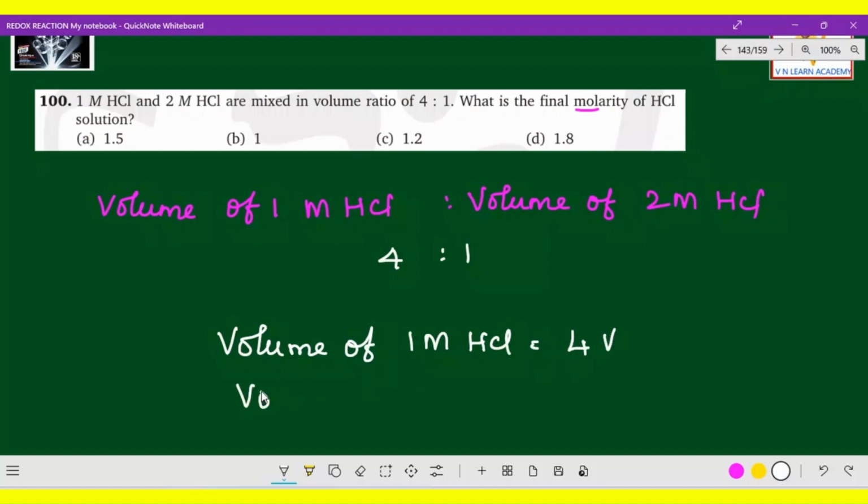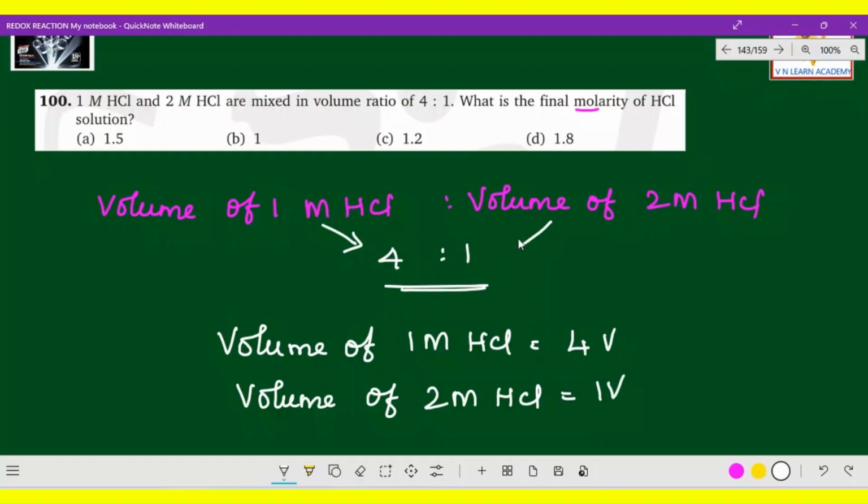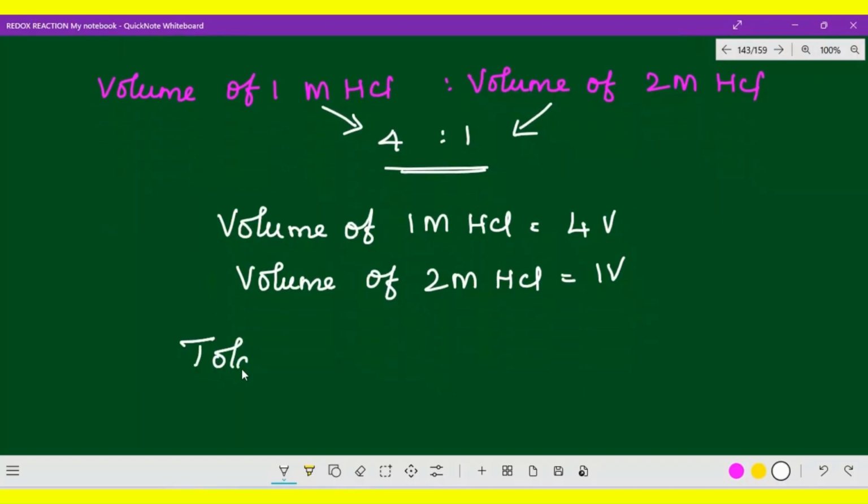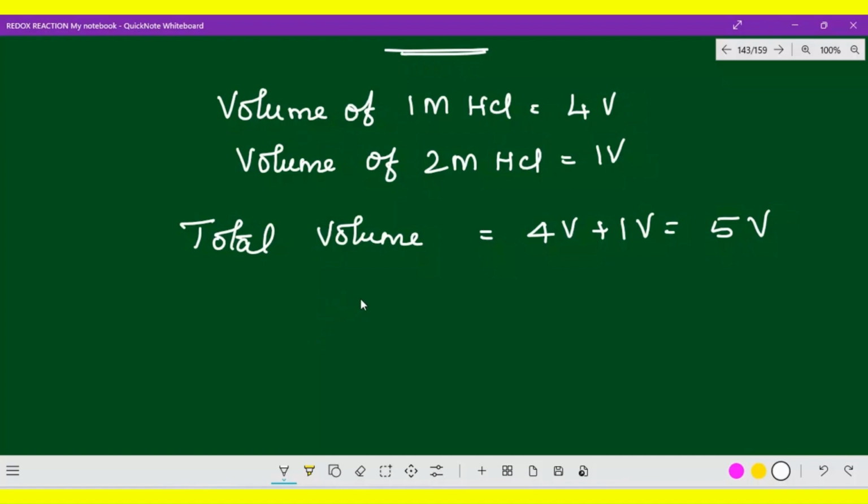And in the same way, volume of 2M HCl, it is 1. I hope you got the clarity. Got it? Right. Now, total volume: how much? 4 volume plus 1 volume. So, you will get 5 volume. Total volume equal to 5 volume, right?